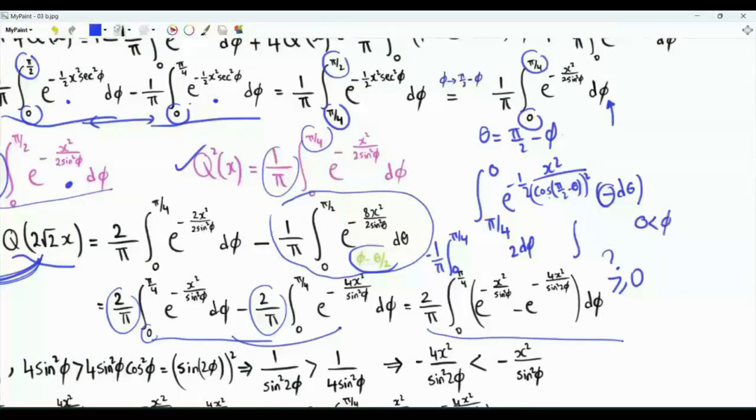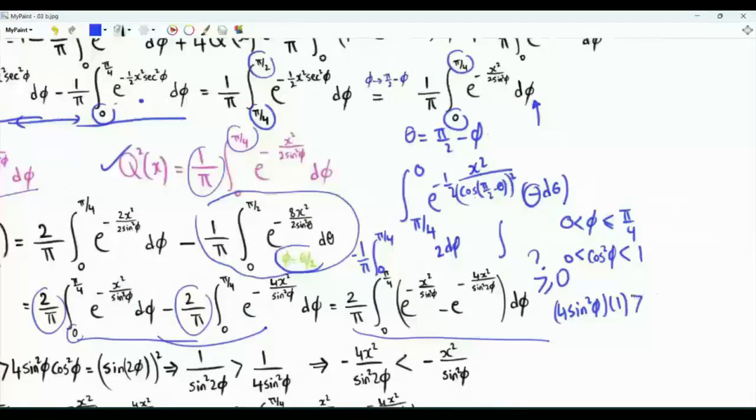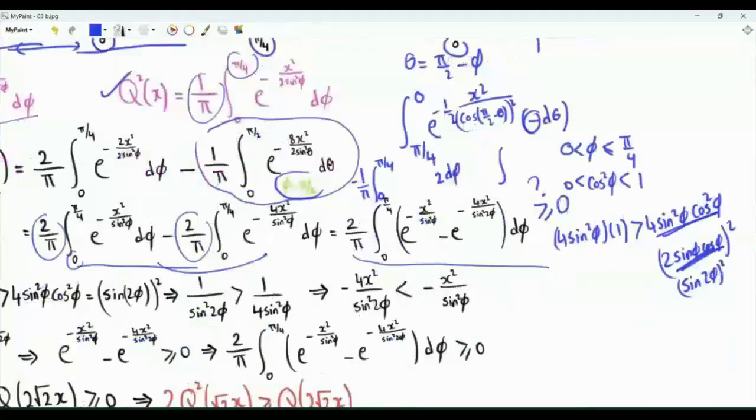Is this the case? If we take the angle phi from 0 to pi over 4, cosine squared phi is positive and is less than 1. This means that 4 sine squared phi times 1 is superior to 4 sine squared phi times cosine squared phi. This is 2 sine phi cosine phi all squared, and this is sine of 2 phi.